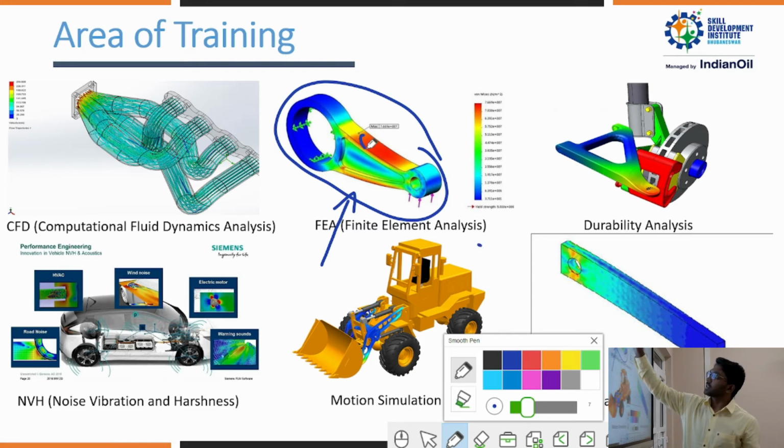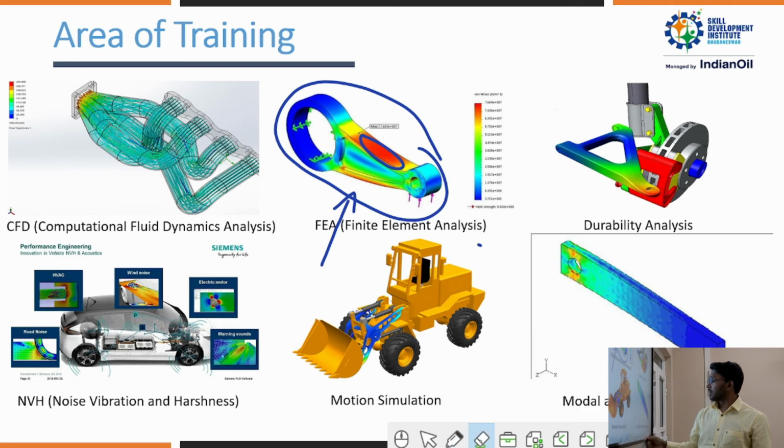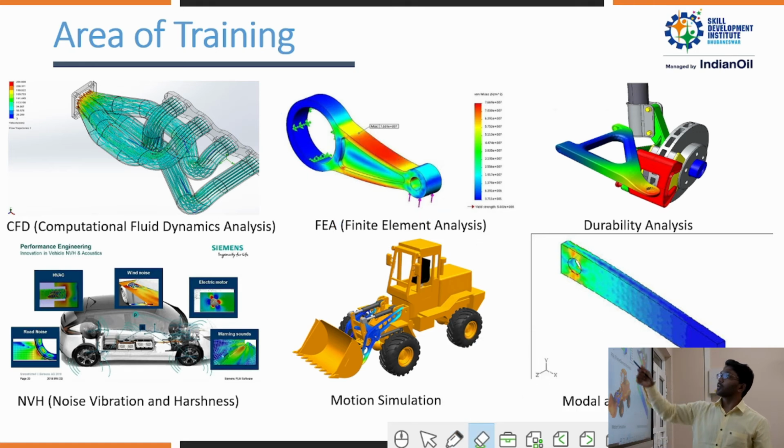Thus we get the red section here, which indicates that the stresses generated at that point are more compared to these areas. Here the stresses are very high and here they are low. In durability analysis also we can say the stresses here are very high, and the stresses and strains here are a little bit lower compared to this portion.